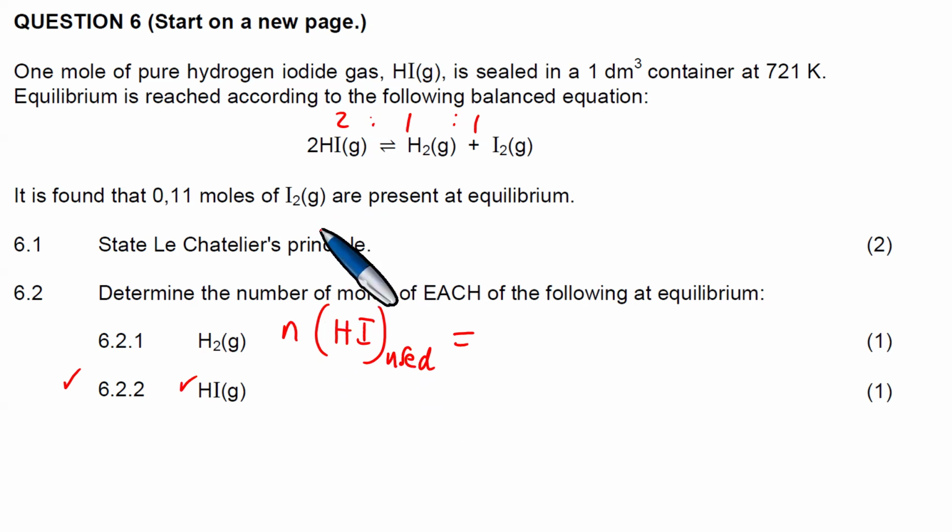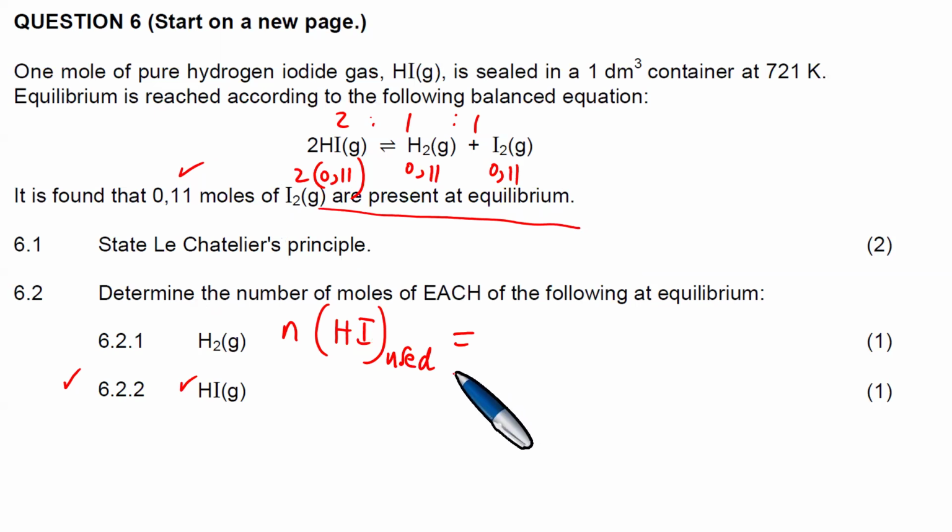It is found that 0.11 moles of hydrogen iodide are present at equilibrium, and 0.11 of iodine is present. Iodine and this one are in the ratio of 1:1, so this one would have to be double that.